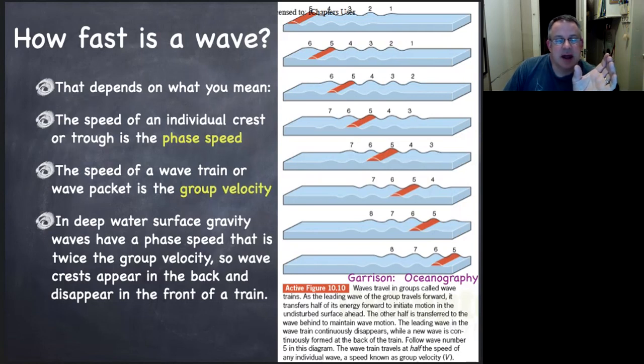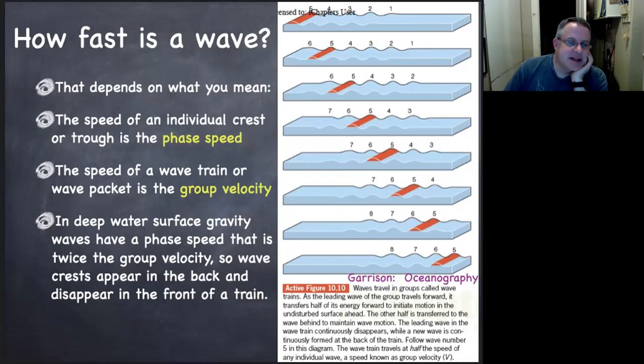So in the time that crest takes to get from here to there, the group has not made it that far. But this side, which was first 5, then 4, then 3, then 2, then 1, see how much slower the group is propagating?